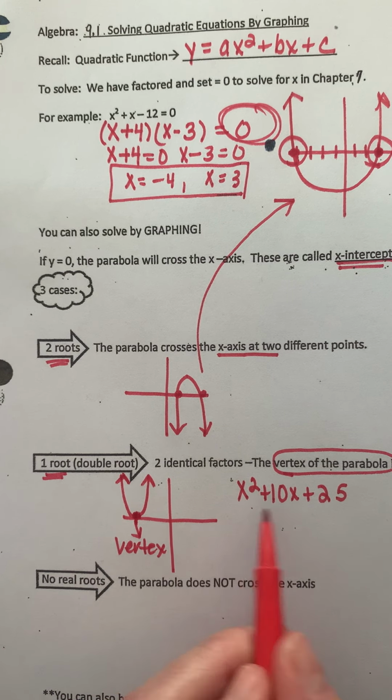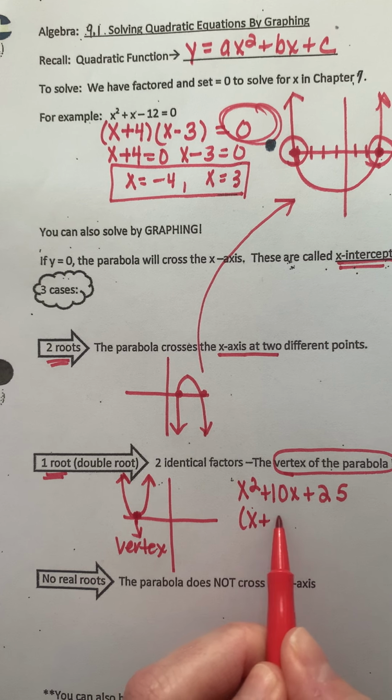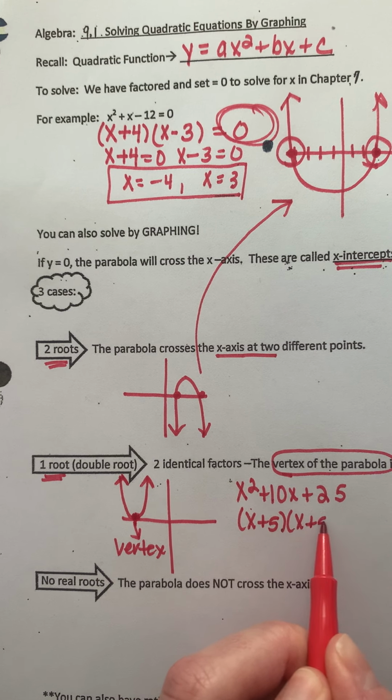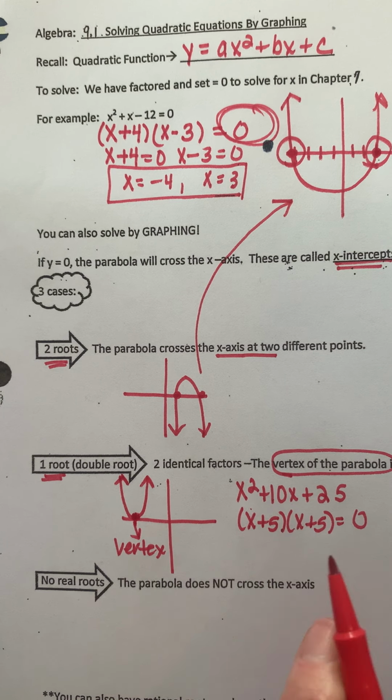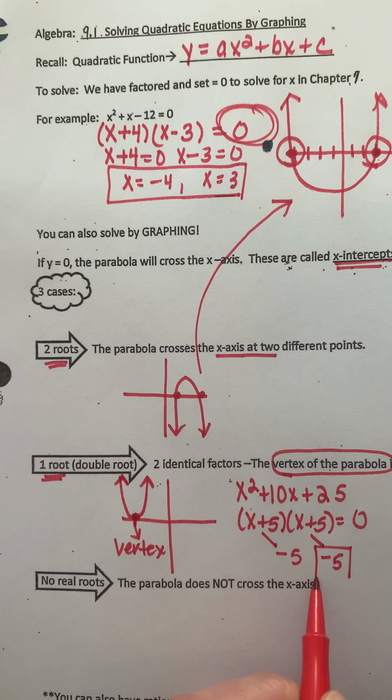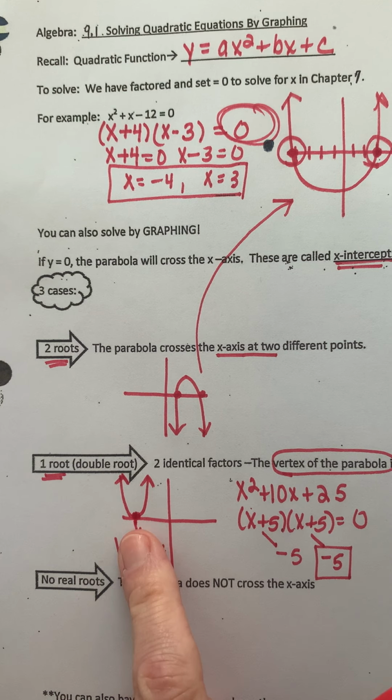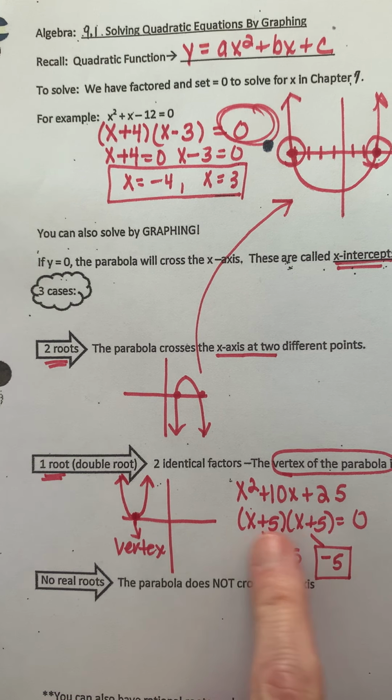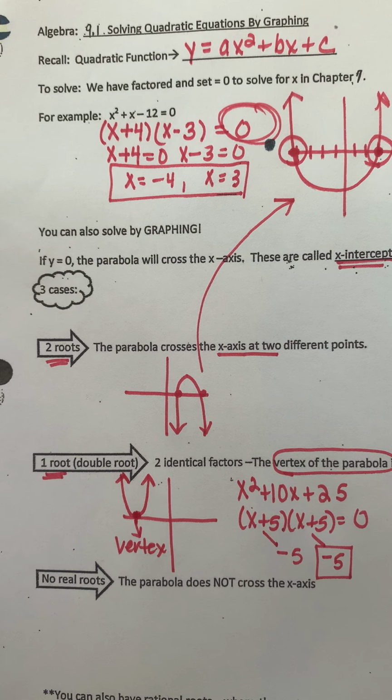If we factored, this is a perfect square trinomial. So when you factor it, you'll get this, right? So this equals negative 5, and so does this. So we would always just write our answer as negative 5. Same thing here. It only crosses once. Even though it's twice, you only use it once.